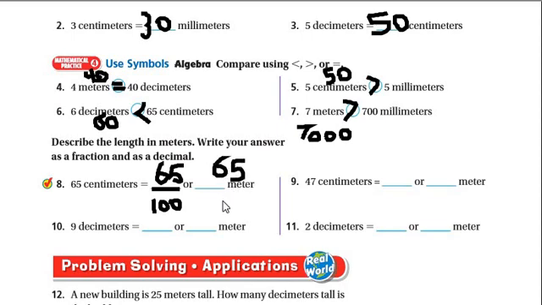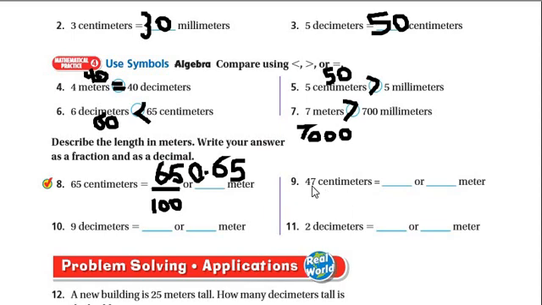Okay, where will I put my decimal point? I have 2 zeros, and this is division, so I'll move to the left 2 places, 1, 2, then I'll place my decimal point. And there is no whole number, that's why I put 0. So it's 0.65 meter.